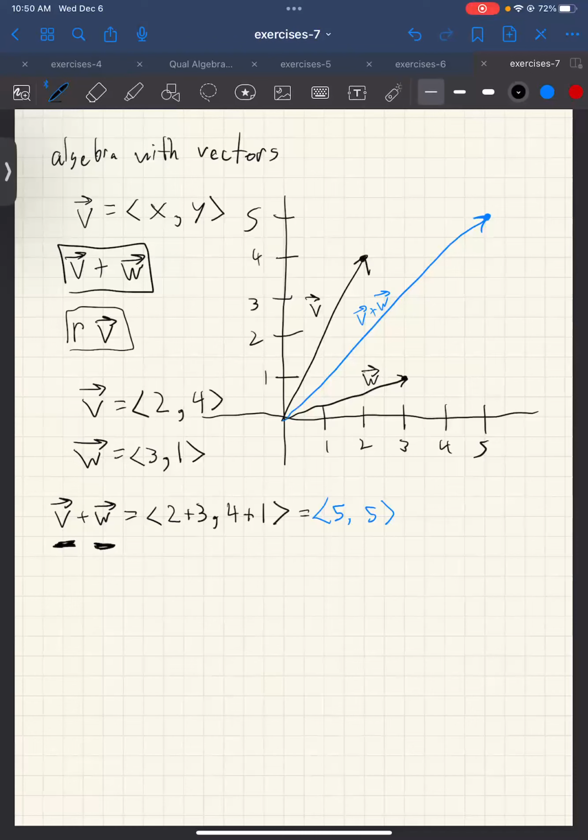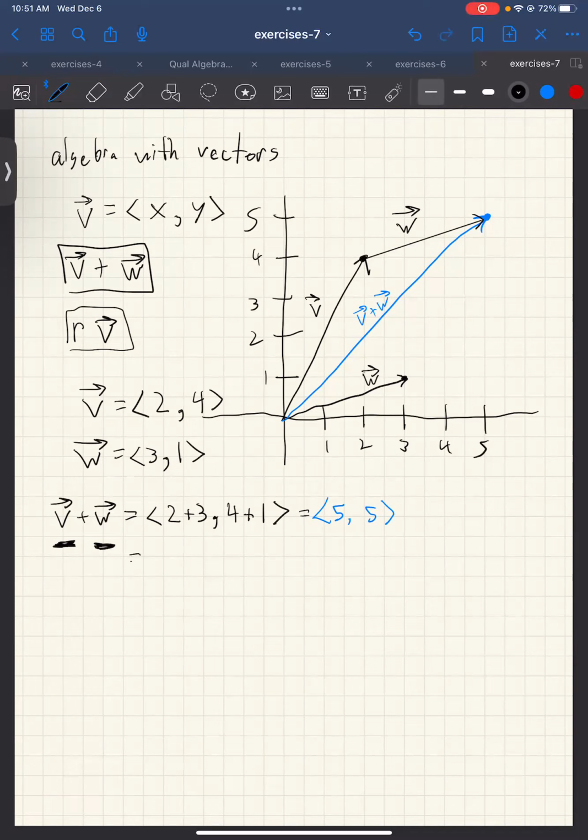And then once I'm right here, vector w says I go to the right 3, so from 2 to 5, and up 1, so from 4 to 5. And yeah, we end up at that exact point. This is just the geometric version of exactly what we wrote right here.